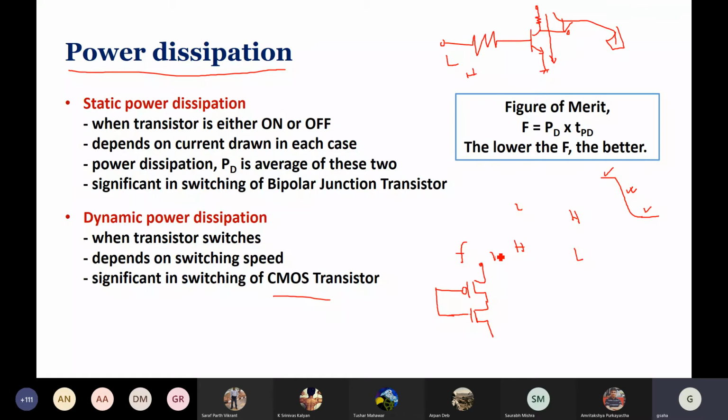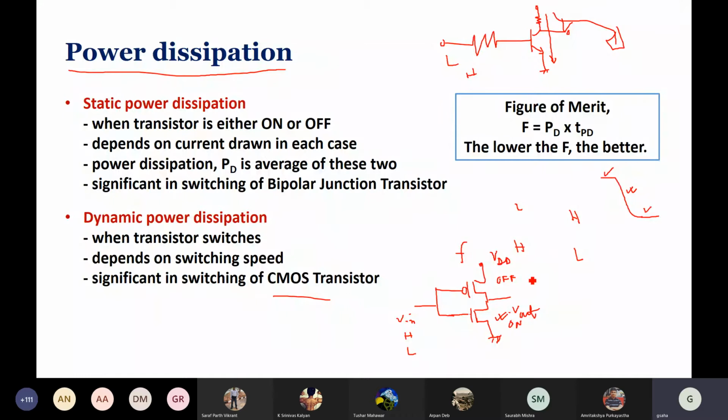So this is the inverter. If the input is above the threshold voltage, this NMOS will conduct and the PMOS will be off. In other words, when it is high, this will conduct and this will be off, and when it is low, this will be on and this will be off.